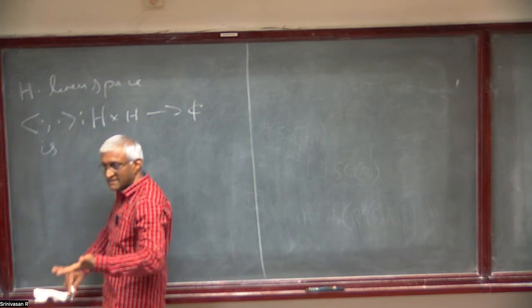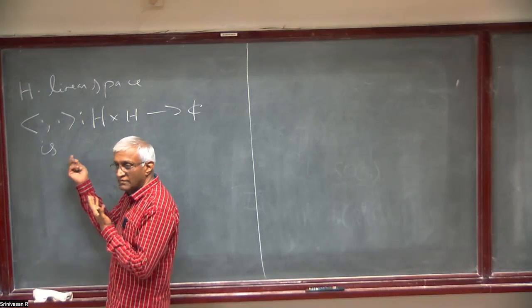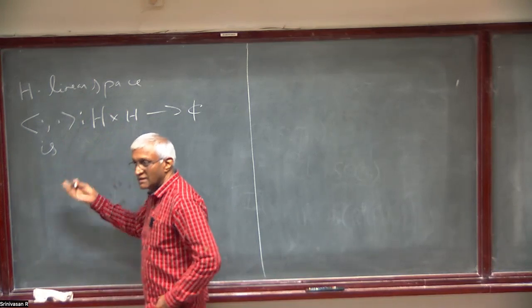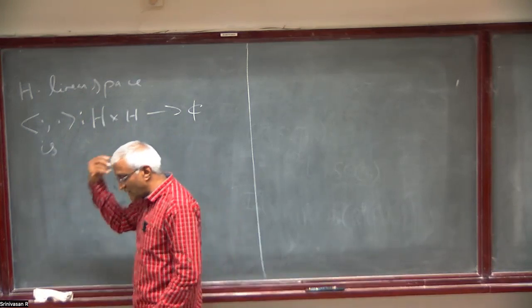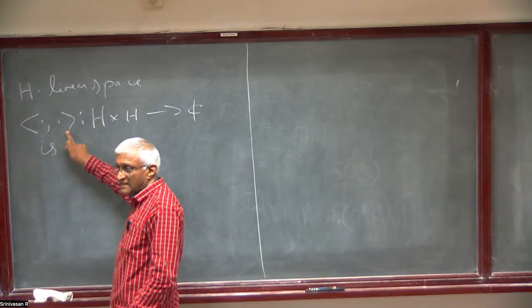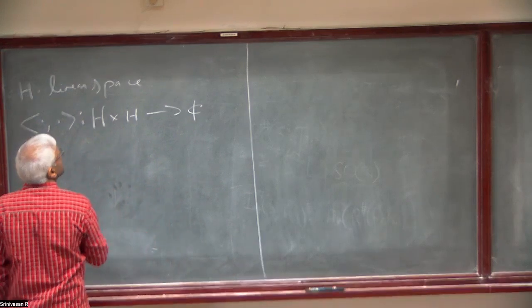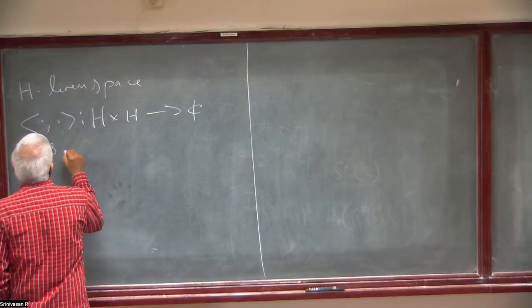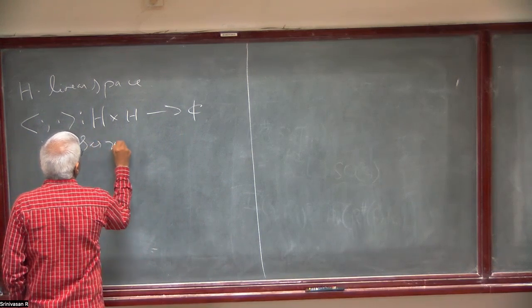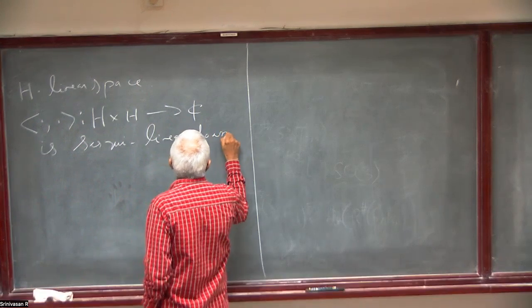If you are doing physics, it is the other way around. That's the right thing to do, but somehow we are used to this, so we follow this. Actually, it's better to have it conjugate linear in the second variable. This is what is called a sesquilinear form.